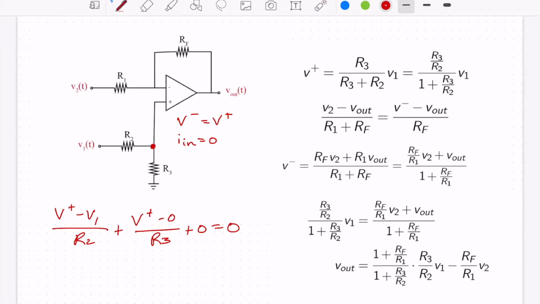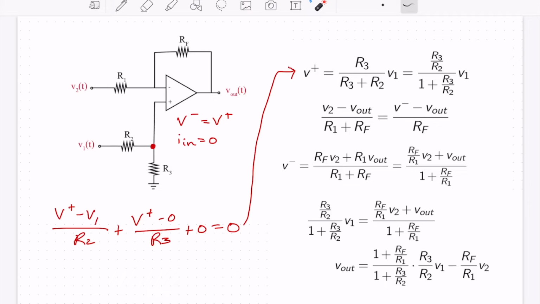So we can take that and massage it a bit, and we will end up with this equation right here. You could have also used voltage division and just written the equation, but if you don't remember how, just do it using nodal analysis.